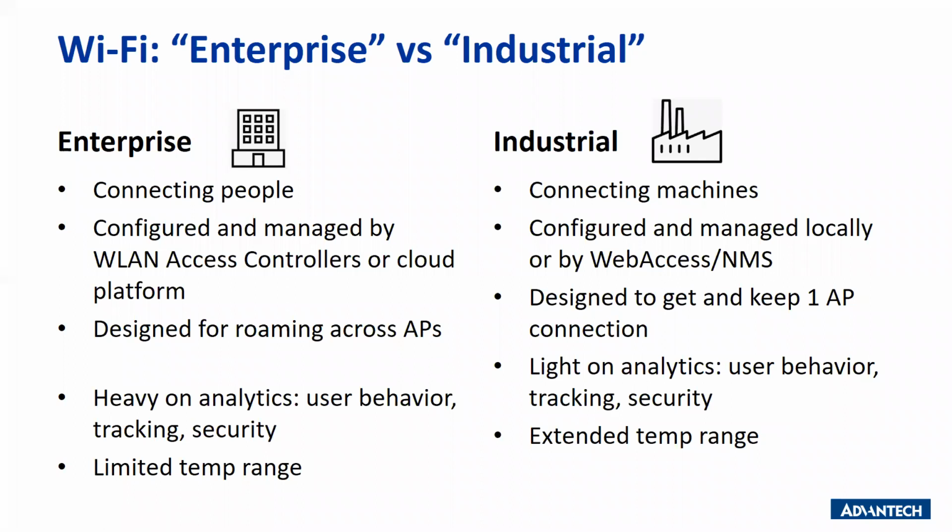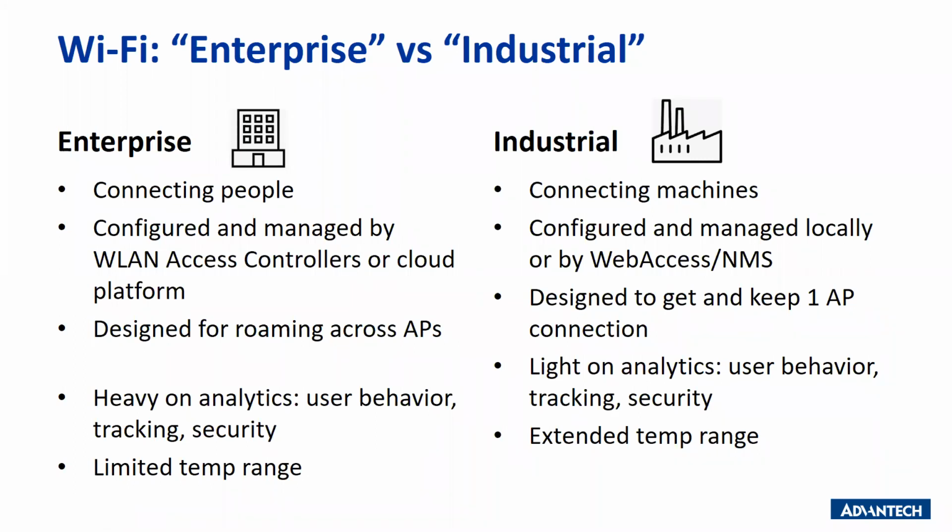I want to just real quickly say there is a difference between enterprise Wi-Fi and industrial Wi-Fi. When you're at a coffee shop, or at your office, or the library, or your kid's school, that's probably more like an enterprise Wi-Fi network, right?